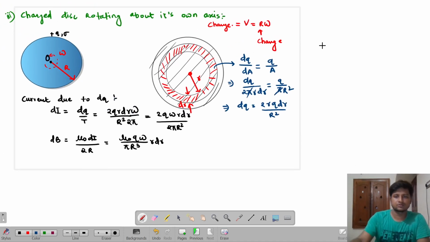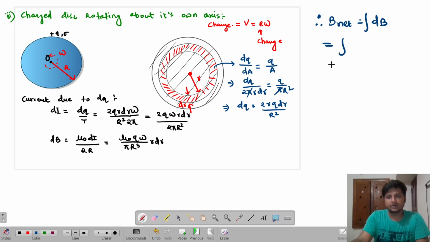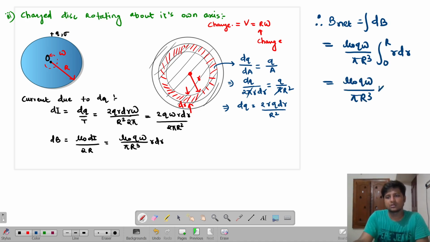So B net is the integral of dB. These things are constant, so mu naught q omega by pi R cube, outside, integral 0 to capital R of r dr. So I got mu naught q omega by pi R cube times R square by 2. So B net ultimately is mu naught q omega by 2 pi R.